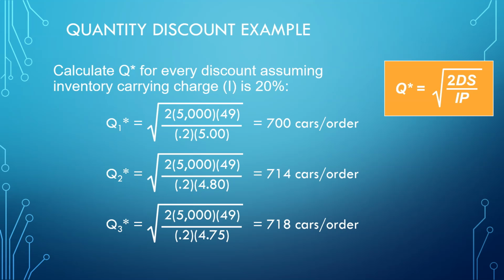The first step is to calculate Q star for every discount, assuming an inventory carrying charge of I equal to 20%. This is given in the example.